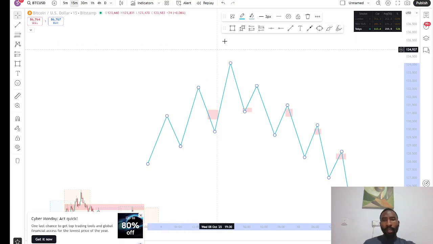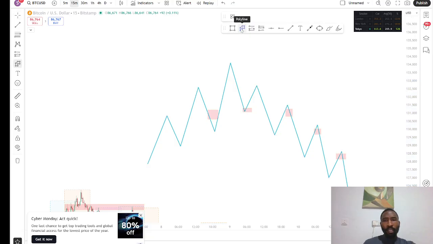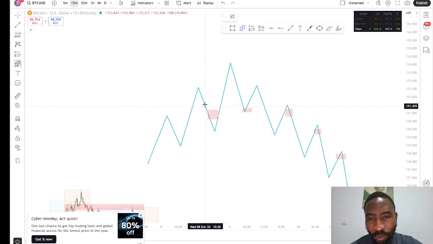Then what I want to tell you is that when the market is testing this particular key zone or level, the market will probably be doing like this, right?